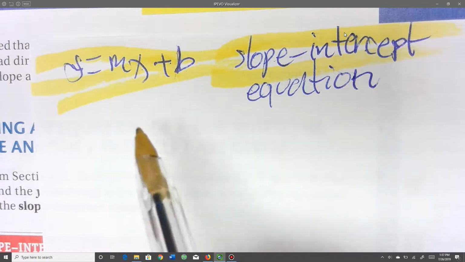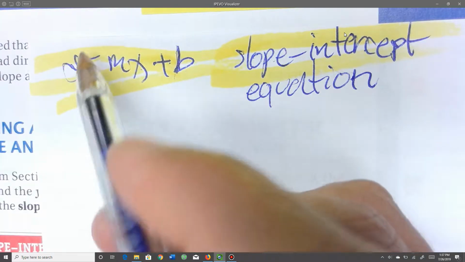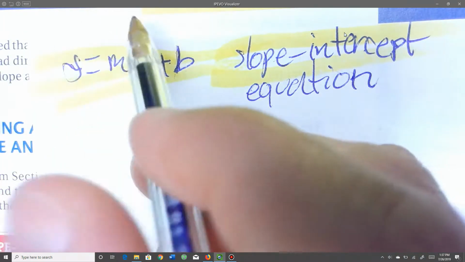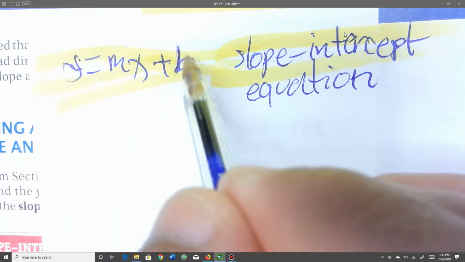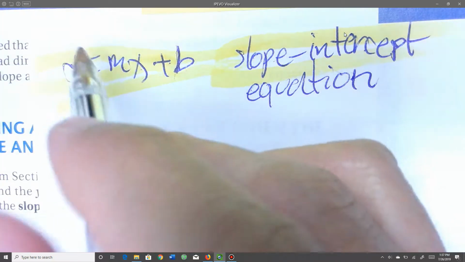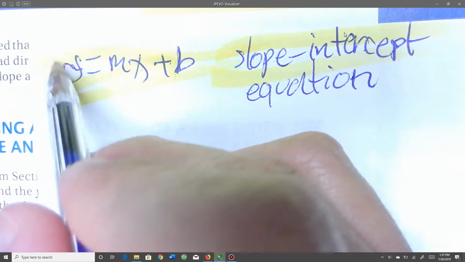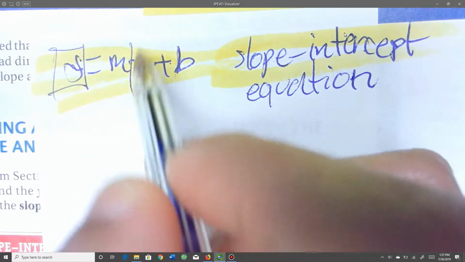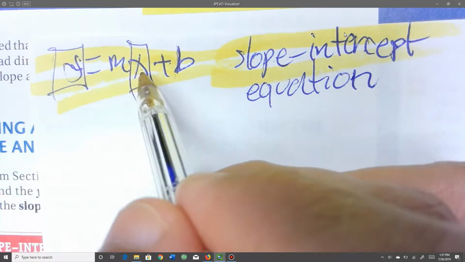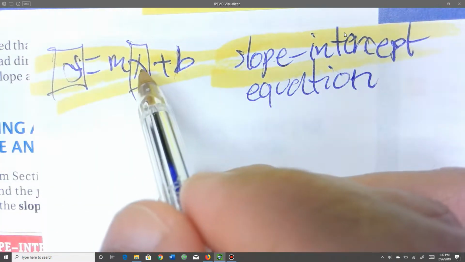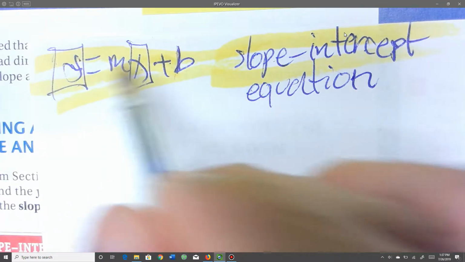Another thing is that we will find equations in this section. So in other words, something that looks like this, right? Equations that look like this with the information they give us. We need to know that y and x are always going to stay in the equation. Okay, the variables y and x, like literally, they stay in the equation. Everything else changes.